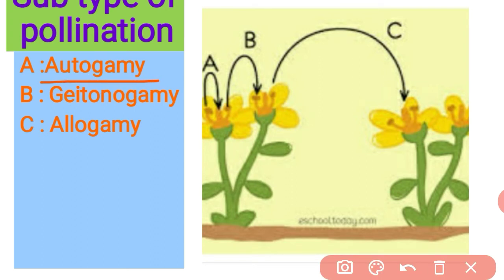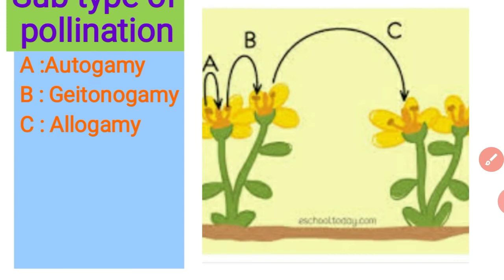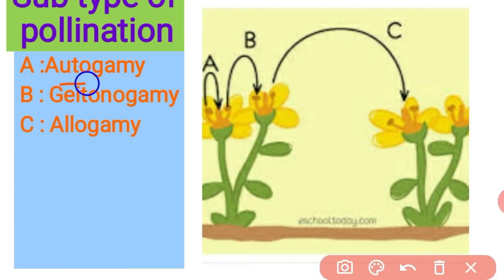Autogamy is carried out in the bisexual flower, where both male and female parts are present in a single flower. By the process of autogamy, the pollen grain is transferred from the anther to the stigma in the same flower. And next, geitonogamy.